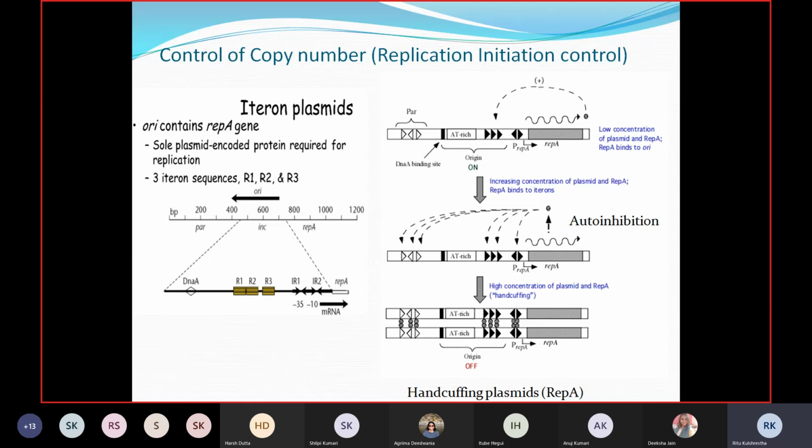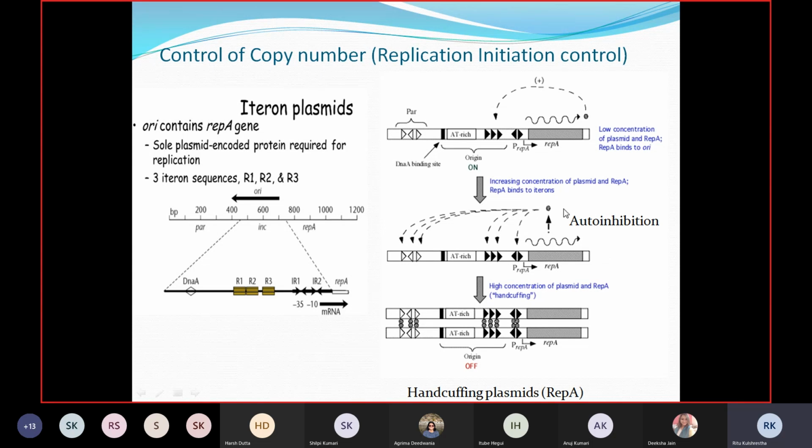Now, let's say we have a very high amount of RepE being used. Then one method by which it can inhibit further replication of the plasmid is auto-inhibition. Once this protein is present in very high amount, it goes and binds to its own promoter and inhibits transcription of RepE. So less RepE will be produced. So this is one method.